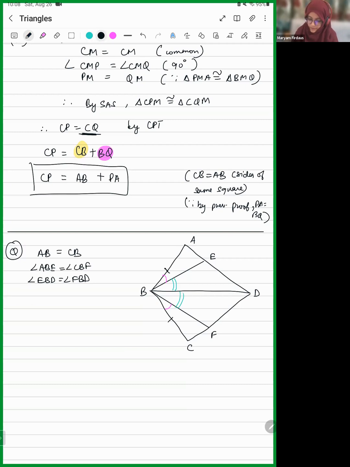You have to show that BE is equal to BF. That means you have to show that this is equal to this. Yes, now think about it. Ma'am, the angles are already equal to each other. Okay, angles are equal then. You have to show that the sides are equal.